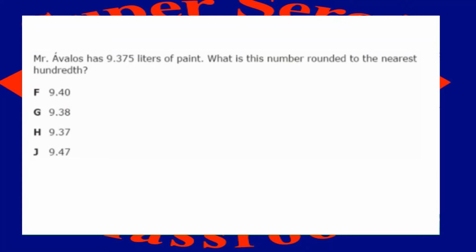All right, guys, here we have a rounding problem. Rounding is very essential. Rounding estimation, we're going to use, I guess, for the rest of our life. More estimation as we grow older, but rounding is the essential. Think about it as the foundation. I always say the foundation. One has to start before the other.